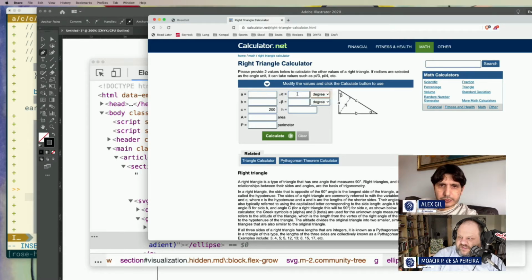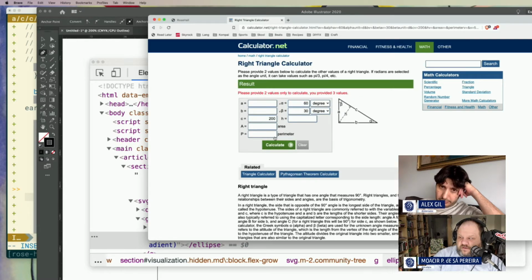Let's do it in degrees. 60, and then that means that this one is necessarily 30. So there can only be one triangle that has 60, 30, and this is 200. There's only one such right triangle, right?